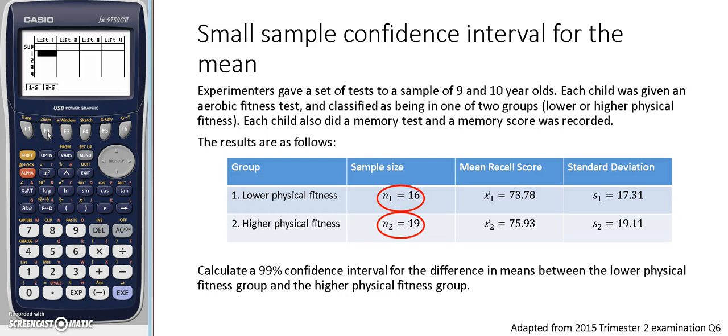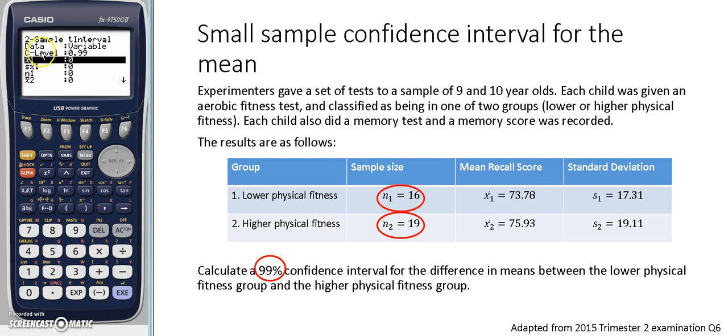So F2, we're interested in a confidence interval for the difference in means, so we choose 2S, which is F2. We check that data is on variable, and if it's not, we select F2 to change it. For the confidence level, we look at the confidence interval that we're being asked to calculate, a 99% confidence interval, so we enter 0.99.